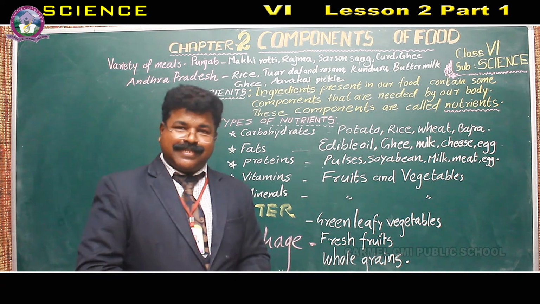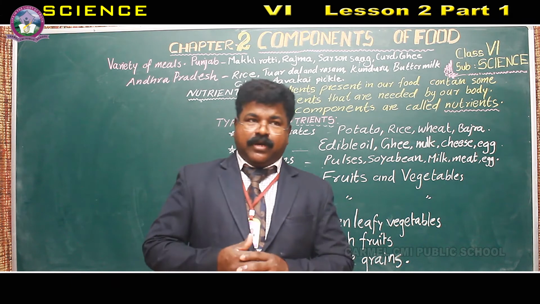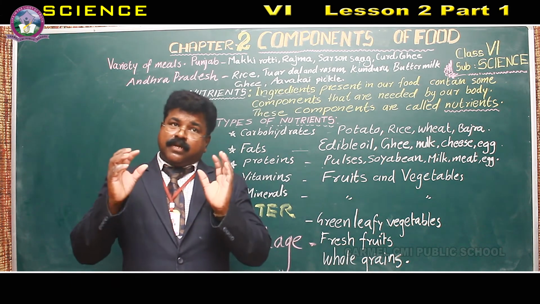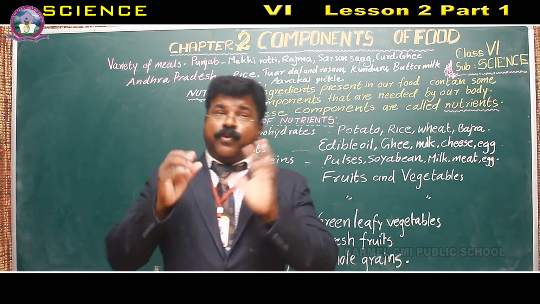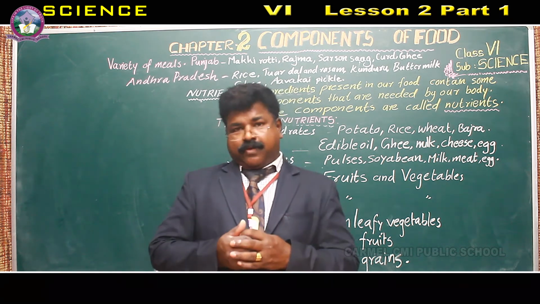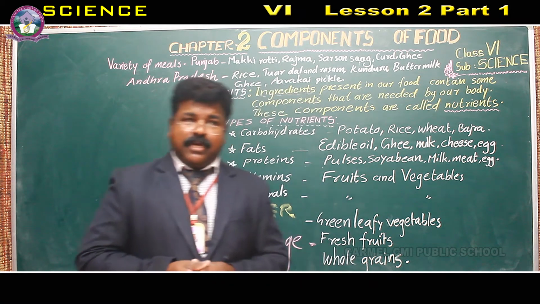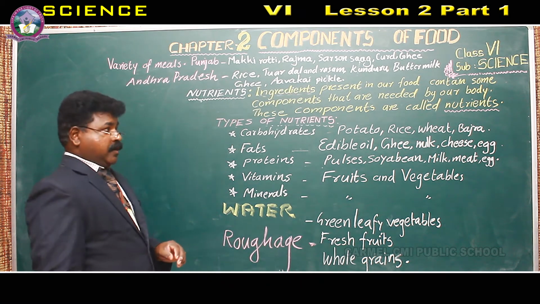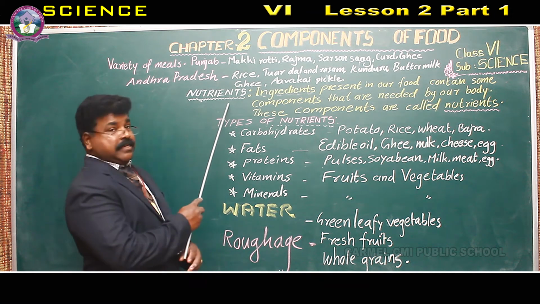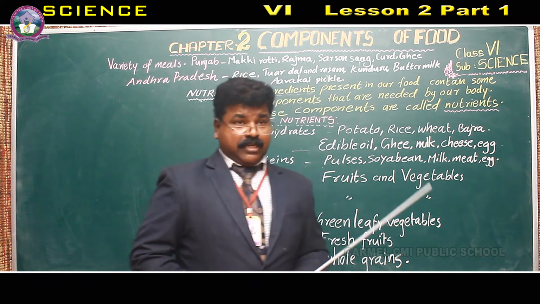Is it clear, students? Now let us see, the food materials which we are having contain certain components which are very essential for our body growth and development. Do you want to know what that component is? Okay, let us see. Those components are known as nutrients. What are they known as? Nutrients. So let us see the definition for nutrients.